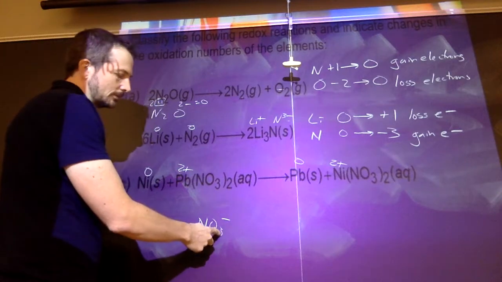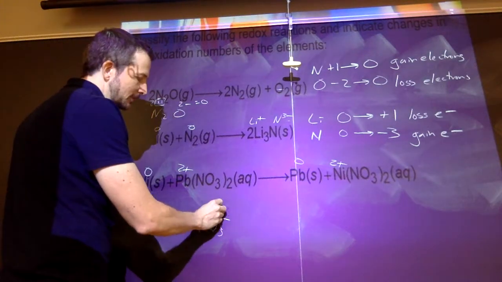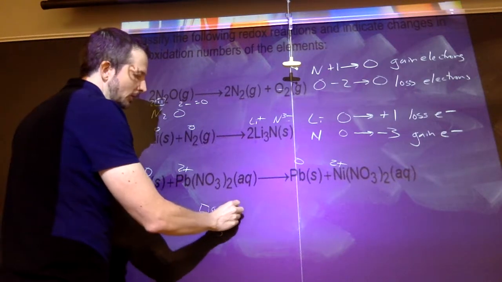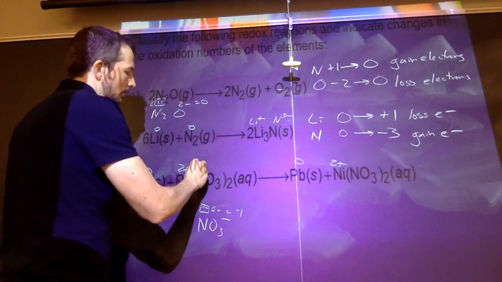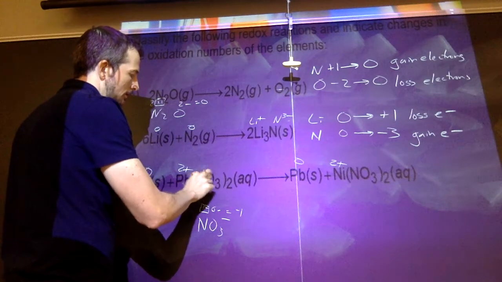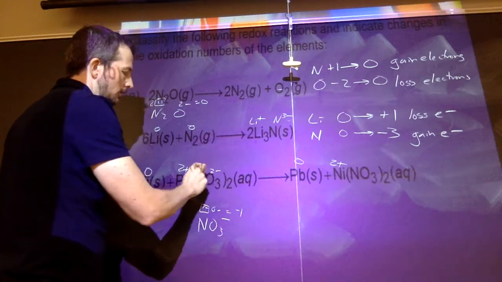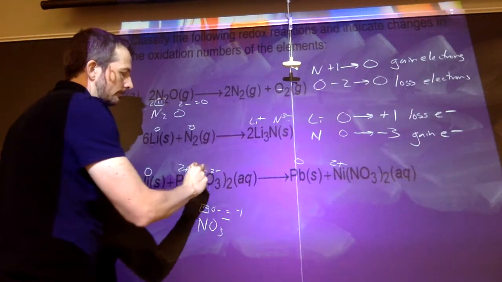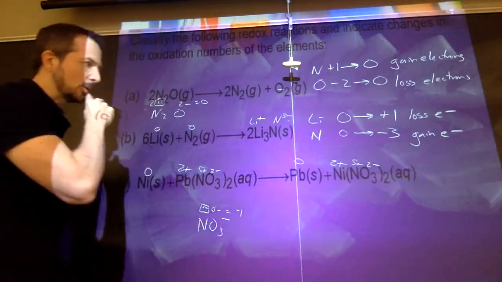I know oxygen's a 2 minus, so 3 times a 2 minus would give me 6 minus. So if it equals minus 1, nitrogen must be a plus 5. Oxygen's your 2 minus, so it's going to stay the same over there.